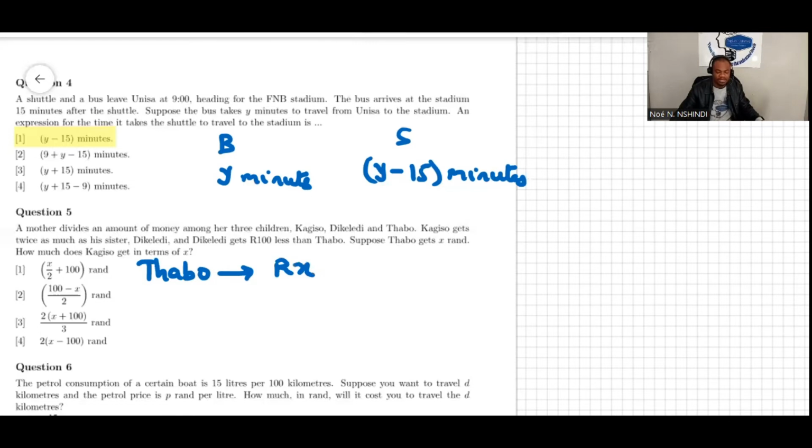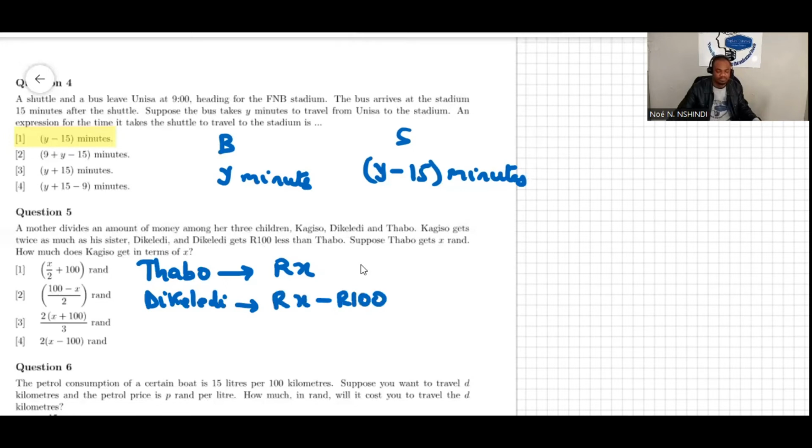X rand. Then before Tabo, it is said that Dikeledi gets 100 less than Tabo. So Tabo gets X rand, and Dikeledi gets 100 less than Tabo. So 100 less than X means X minus 100 rand.